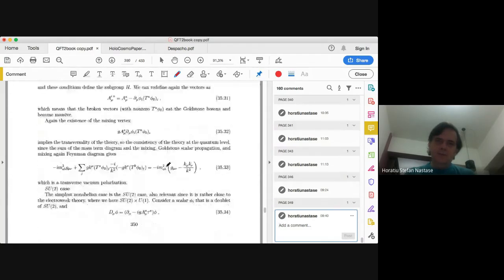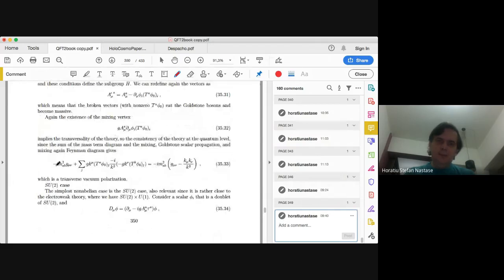So I write minus i m squared AB g_mu nu. This is the trivial part. And then the mixing part is the mixing vertex g k_mu T^A phi_0^i, times the propagator for the Goldstone boson. The propagator is still minus i over k squared.